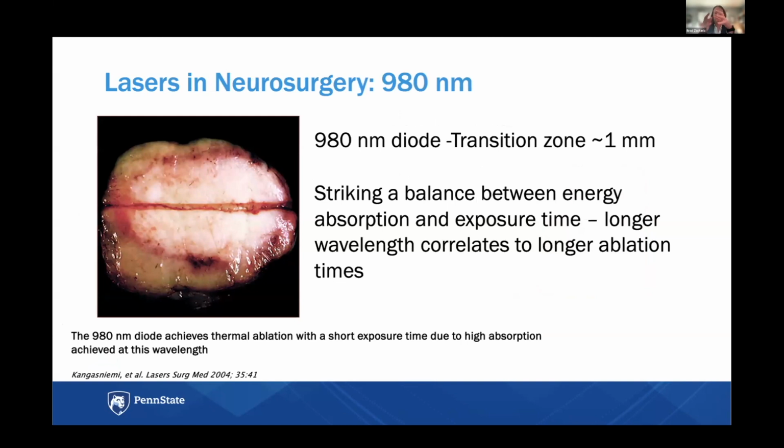A variety of different wavelengths are used, the most common being 980 nanometers, which has a very tight transition zone. It strikes a balance between energy absorption and exposure time. As the wavelength changes, it correlates to longer exposure times. Striking this balance was part of the original design of these systems, to get a tight fall off and an effective ablation over a relatively short exposure time.